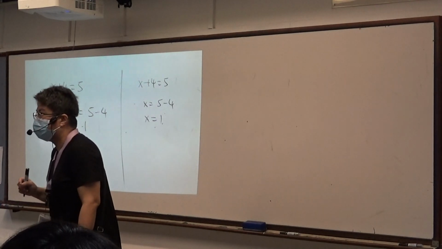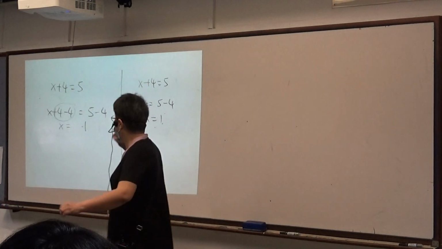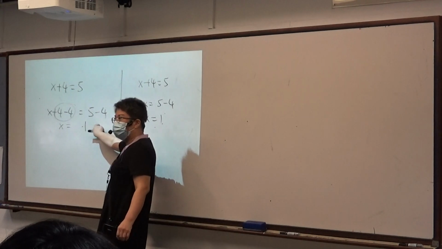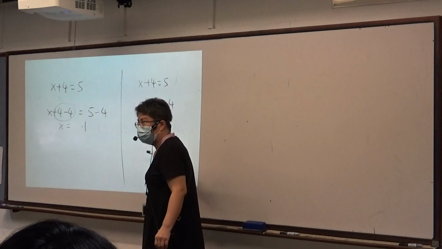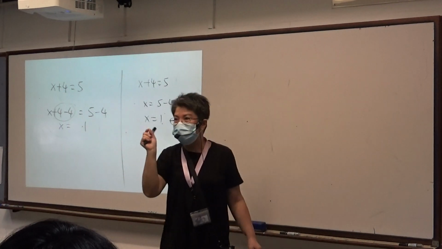Understand what I'm talking about? Can or not? So from now on, I will not present the long way because it will complicate things. I will just present this. Everybody clear? And you must know that I'm actually doing the same thing to both sides.